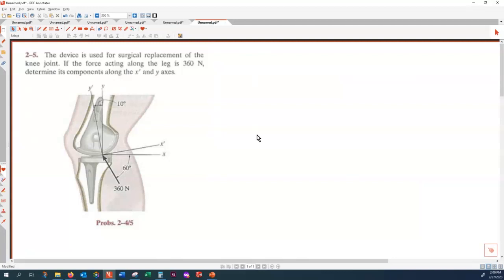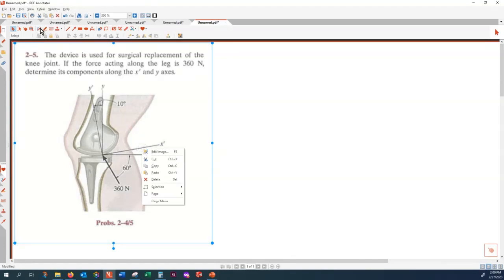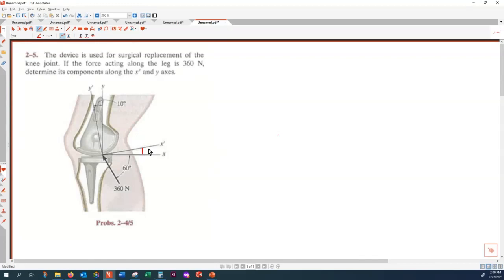So let's do that. If this is 10, I know that two mutually perpendicular angles are equal. That is from geometry. It means this angle is equal to 10 degrees.